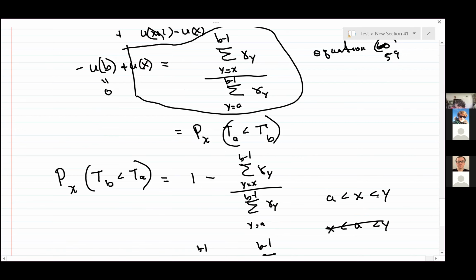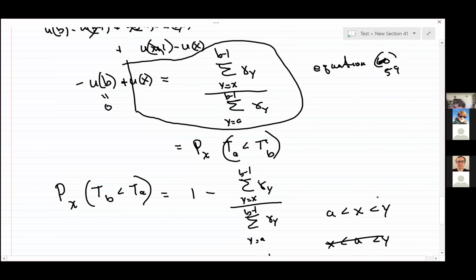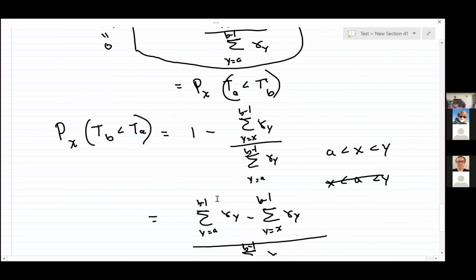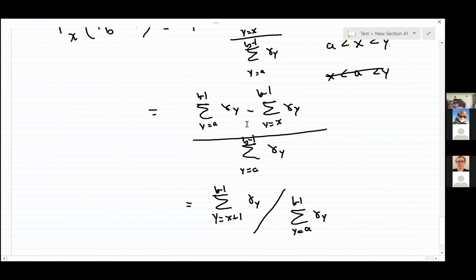Okay. So you're going, this is the bigger term, and you're subtracting this. So it leaves the sum from the earlier terms are what are being left.